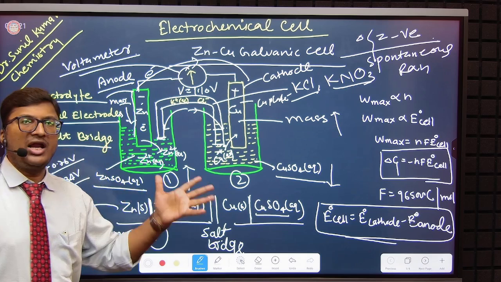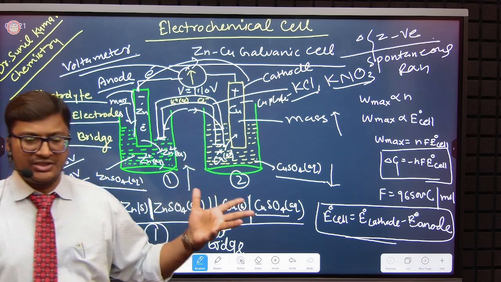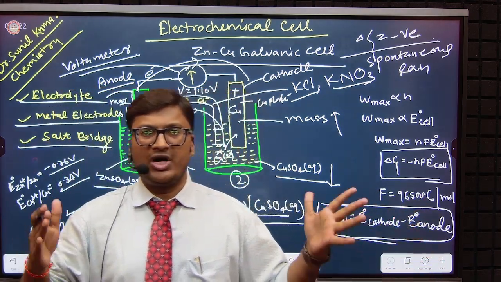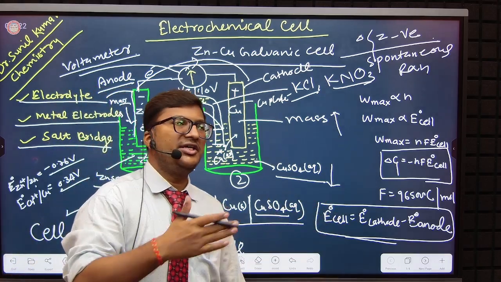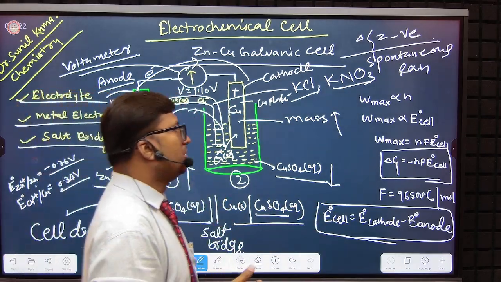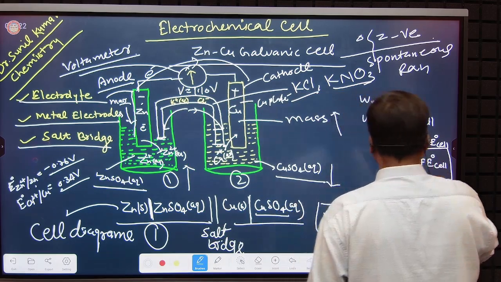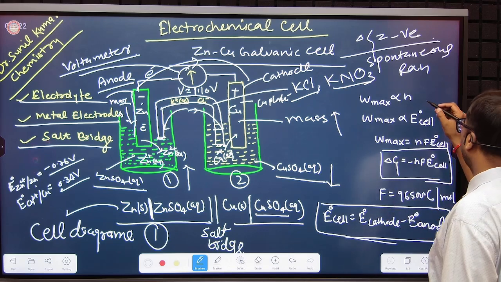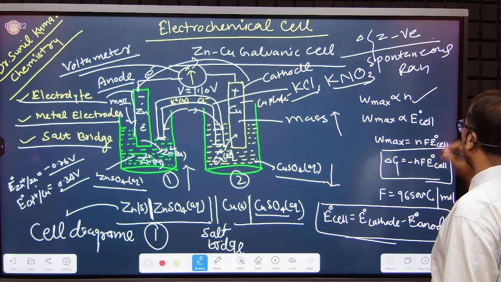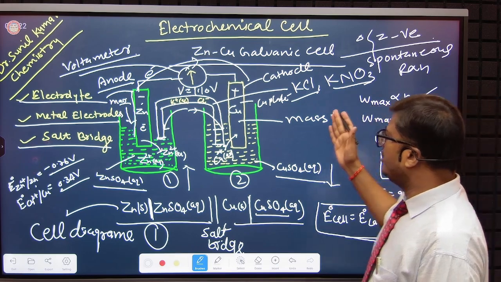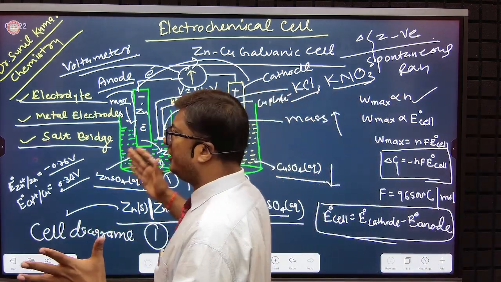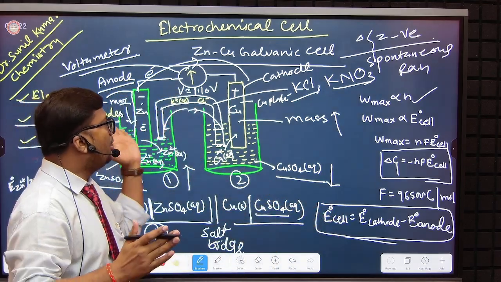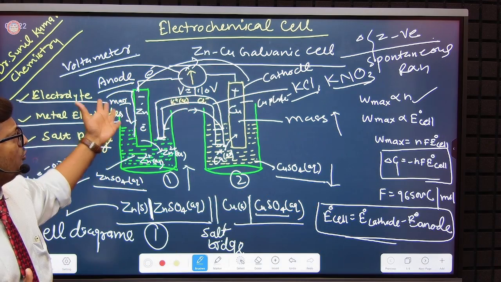So by the system, the work is done by the electrochemical cell on the surroundings. In thermodynamics, you have studied that when the system works on the surroundings, the work is negative, right? The maximum work is directly proportional to n. What is n? Here n is the number of electrons transferred in this particular electrochemical cell.